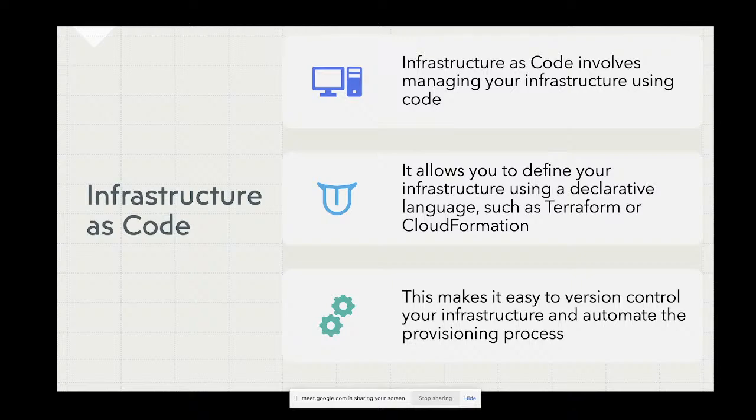But with Terraform, since it's in version control, you can retrieve a previous version and run it again to get back to the previous state. So it not only automates the provisioning process, it also makes the infrastructure more reliable.